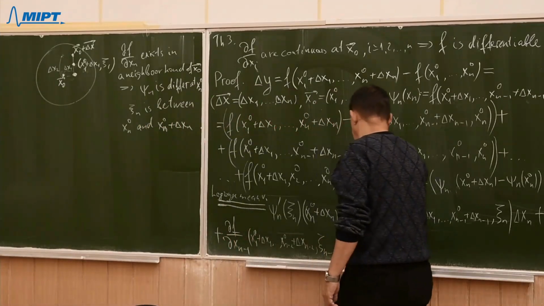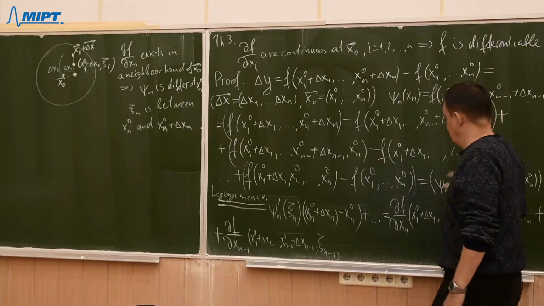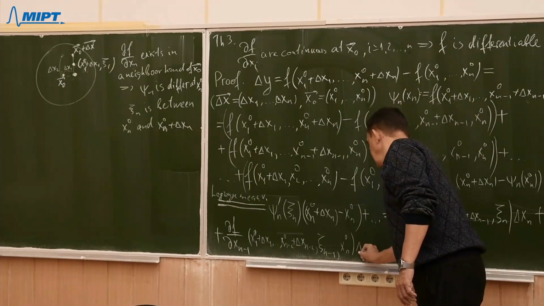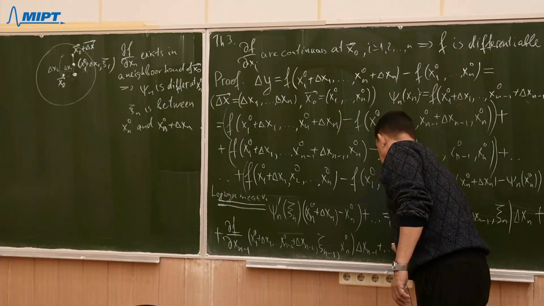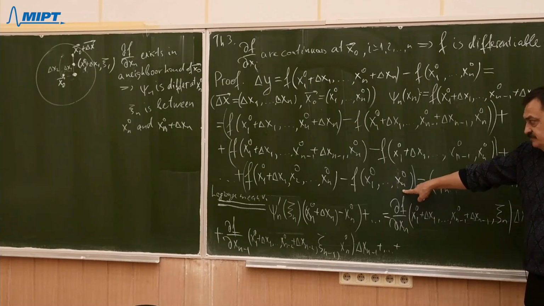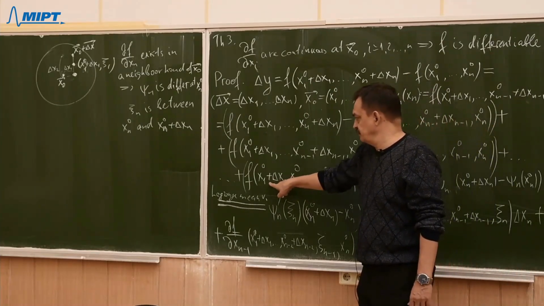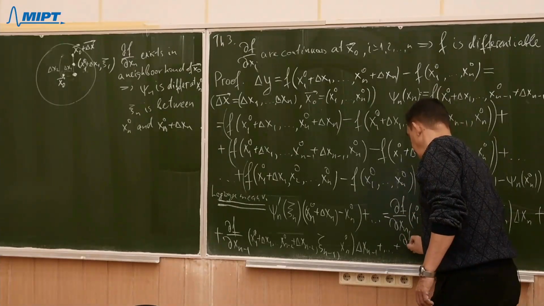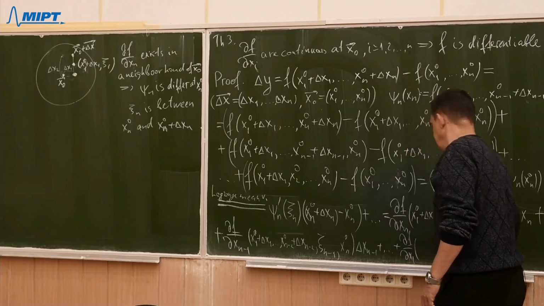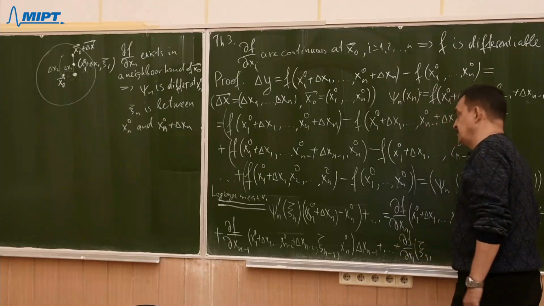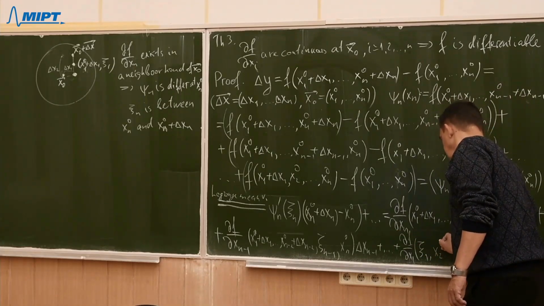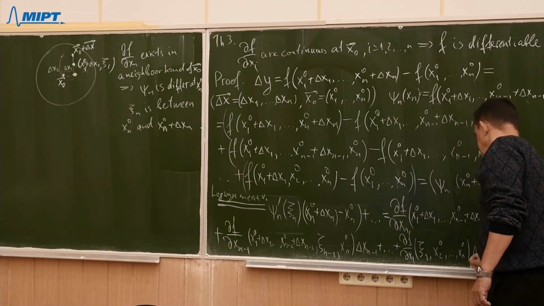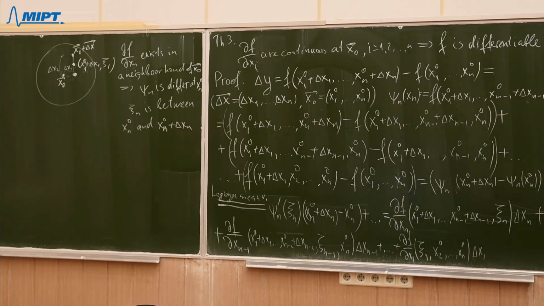Then the last variable here, x n naught, times delta x n minus 1. And so on, analogously up to the very last difference. Here we apply Lagrange mean value theorem to the first variable, to the first coordinate. So we have partial derivative with respect to x1 at a point psi1, and then x2 naught, so on, xn naught times delta x1. That is how we transform our difference.